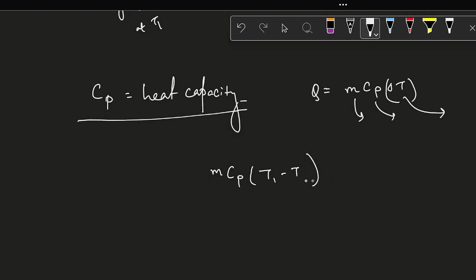Because here T1 is greater than T anyway. T1 was a hotter body and T2 was less than T1. So basically here T will be greater than T2.